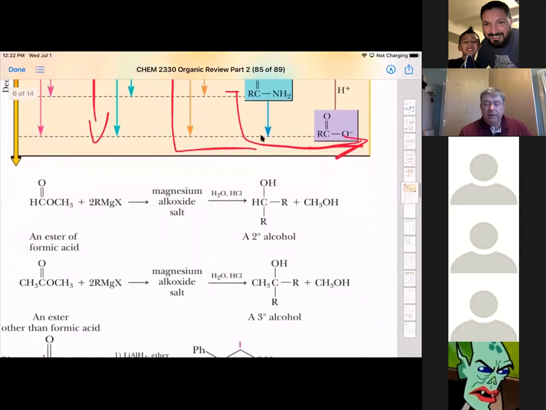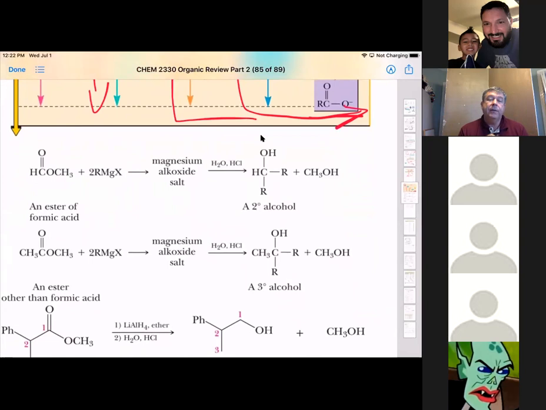Okay, shifting gears a little bit, another reaction, instead of doing a substitution reaction where we're actually substituting one group for another group, we're actually going to react across the double bond and create new products. So in the case of esters, if we have two equivalents of a Grignard, the first one's going to come in, generate a ketone or an aldehyde, and then that will react again with a second equivalent because there'll be a carbonyl to generate our final product.